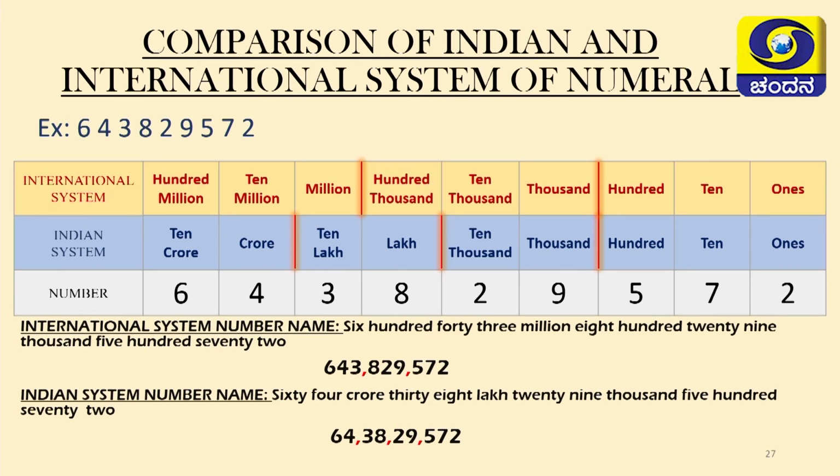International system and Indian system. Till 5 digits in both systems, numbers are placed at the same places. After 5 digits, from right to left, we can see the differences. Try to compare these. At the 6th digit from right to left, 8 is placed at the lakh place in the Indian system, but it is placed at the 100,000 place in the international system.